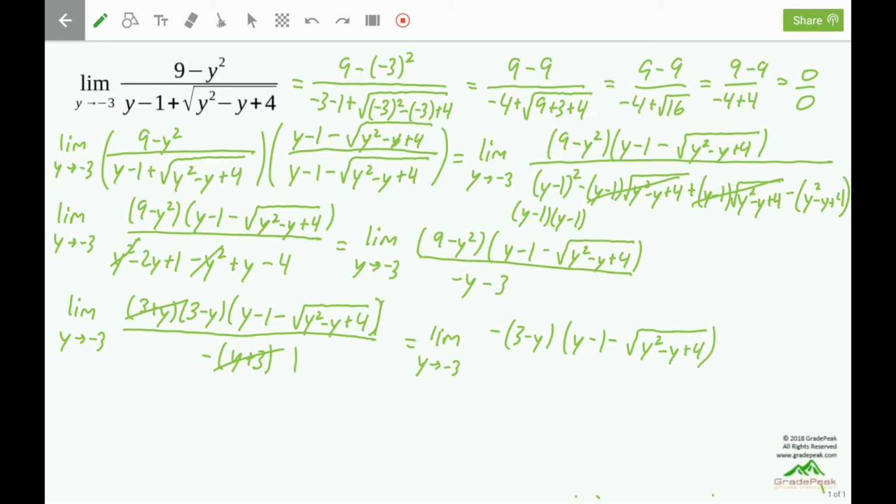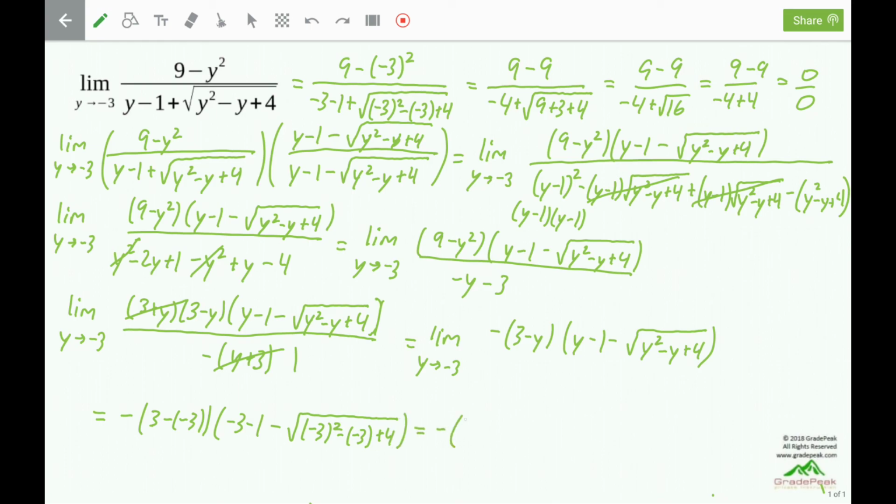And I can plug in the negative 3 for each of the y's. We should no longer have the 0 over 0 indeterminate form. Instead we are getting negative of 3 minus a negative 3 times negative 3 minus 1 minus the square root of negative 3 squared minus a negative 3 plus 4.